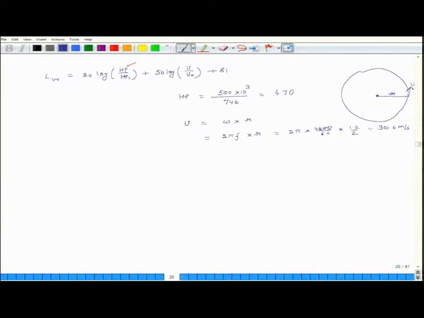So, the tip of the compressor blade is moving at a velocity of 301.6 meters per second, and of course u naught is 243.8.